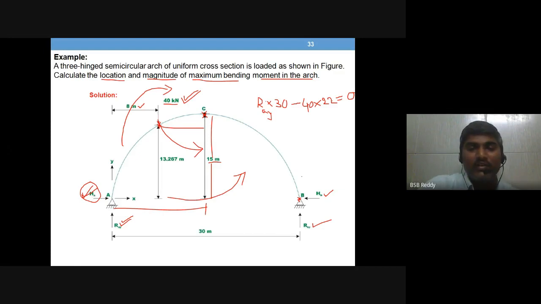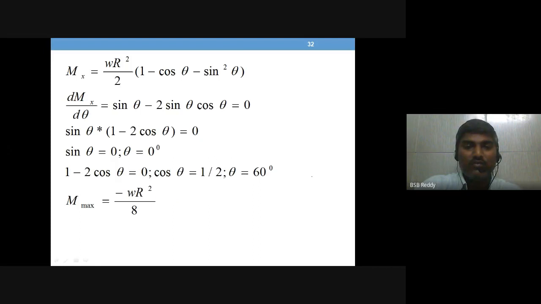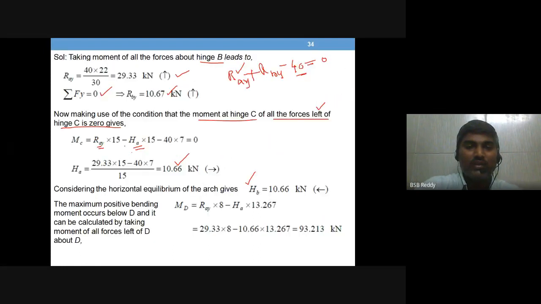The directions are opposite, whereas the value is the same, 10.66 kilonewton. Okay, so this is how we solve for support reactions.